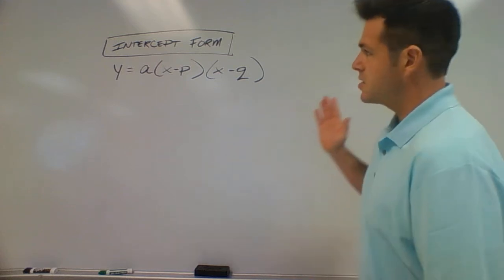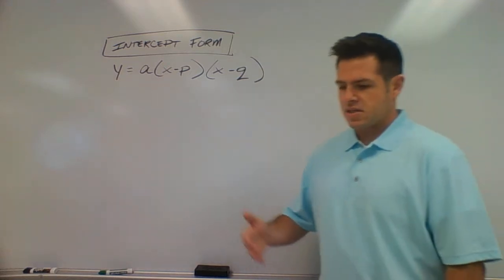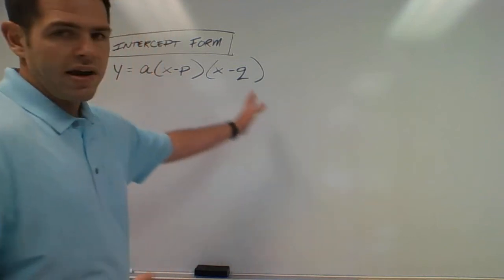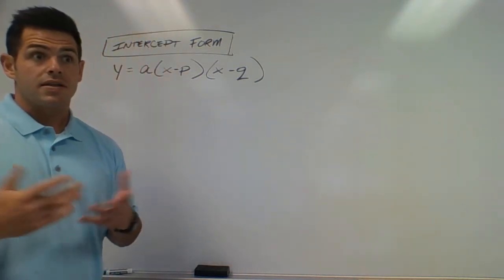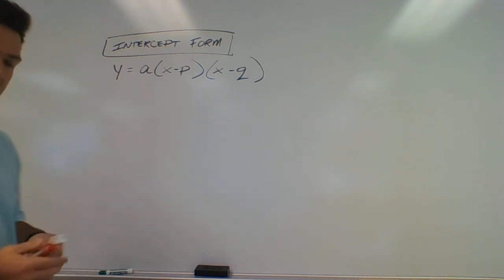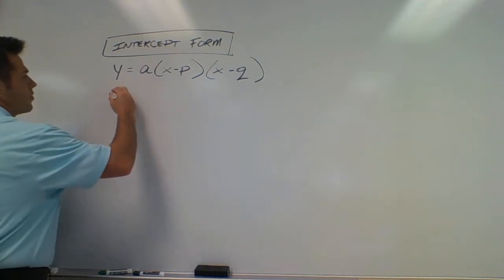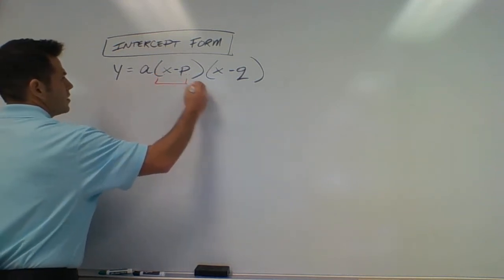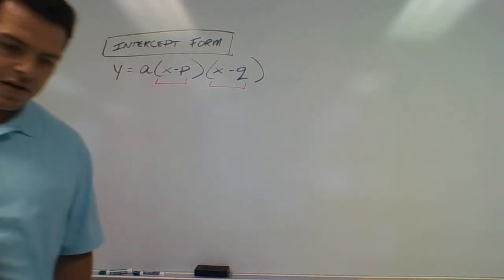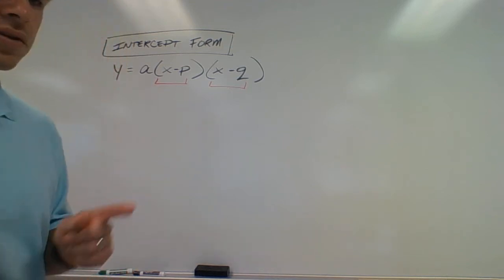As it states in the term, intercept form, the easiest thing to pull from this way to write a quadratic function is the intercepts, specifically the x-intercepts. Much like the way that we did with absolute value functions and got the letter h, we'll be able to pull out p and q.